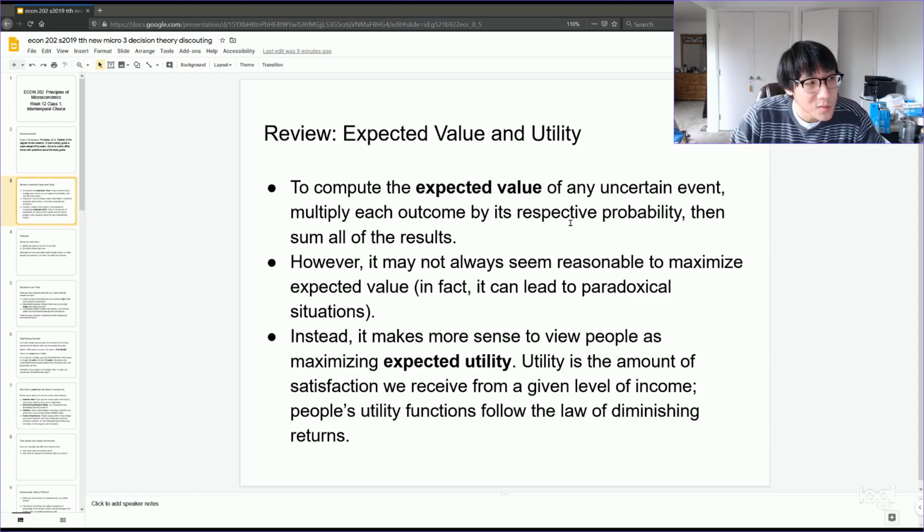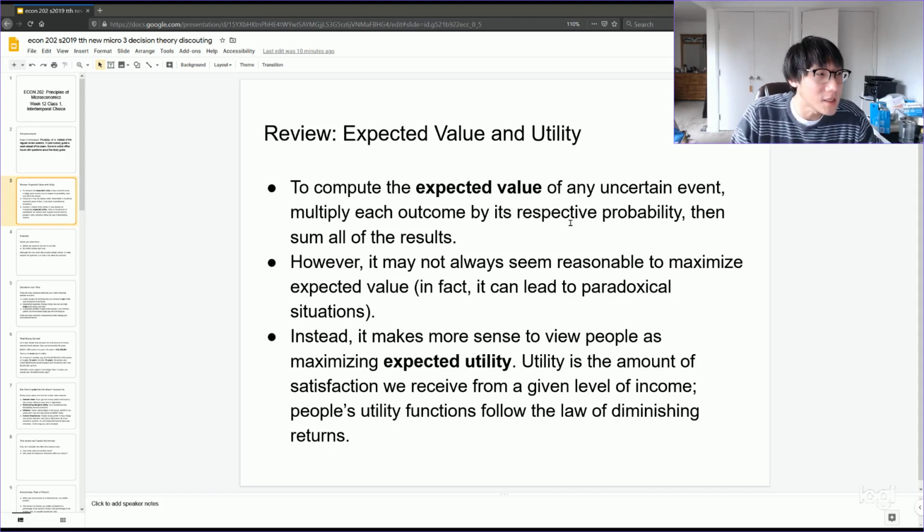Now, however, we did find that in certain situations, it doesn't really seem reasonable to maximize the expected value, to follow this strategy too religiously. And in fact, it can lead to certain paradoxical situations if you believe that people always are maximizing the expected value. And so we introduced a slightly different concept. We modified Annie Duke's rule a little bit. And we said that, well, maybe instead of maximizing the expected value, what people usually want to do is to maximize the expected utility.